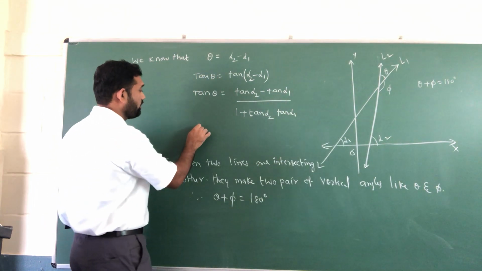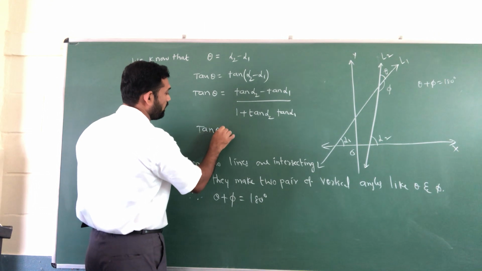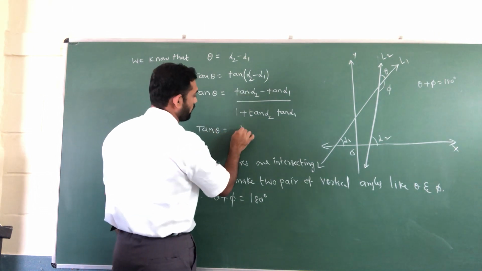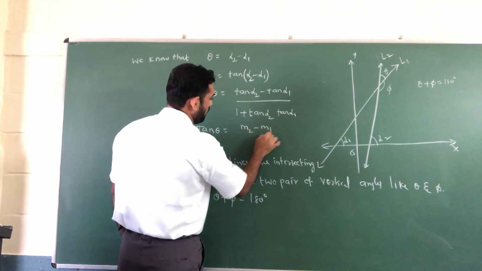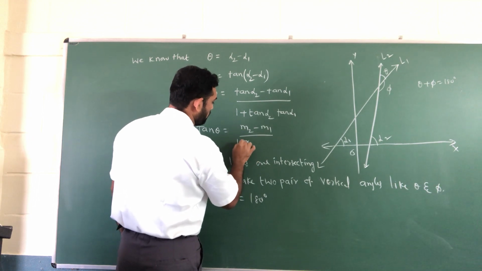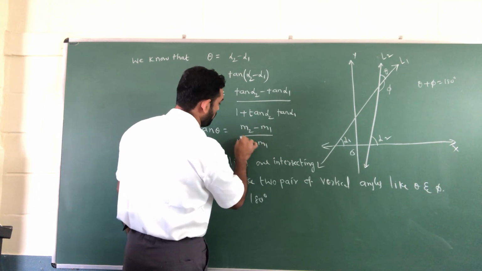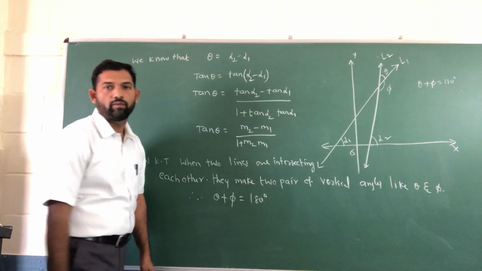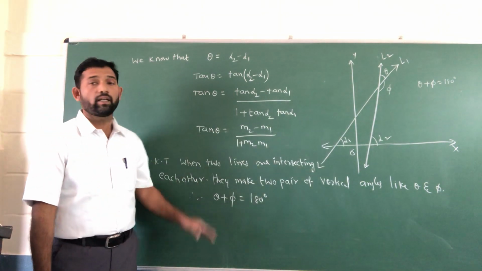Now tan theta is equal to m2 minus m1 divided by 1 plus m2 into m1.